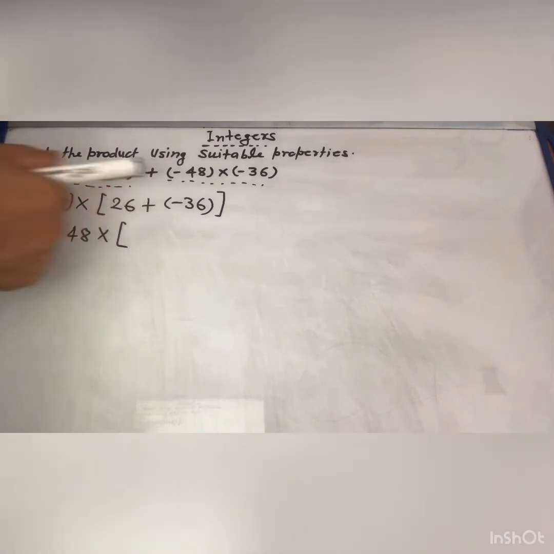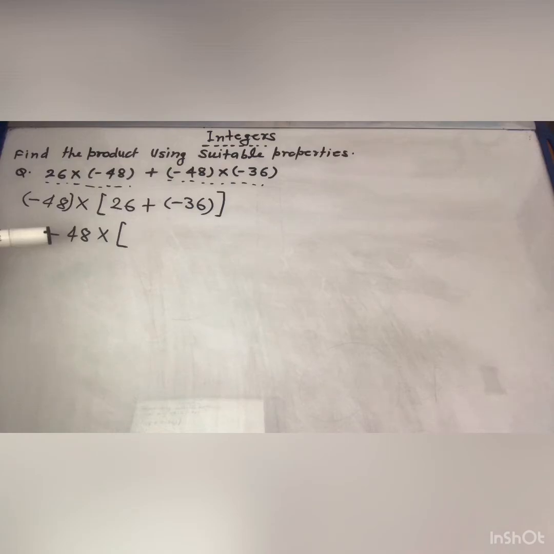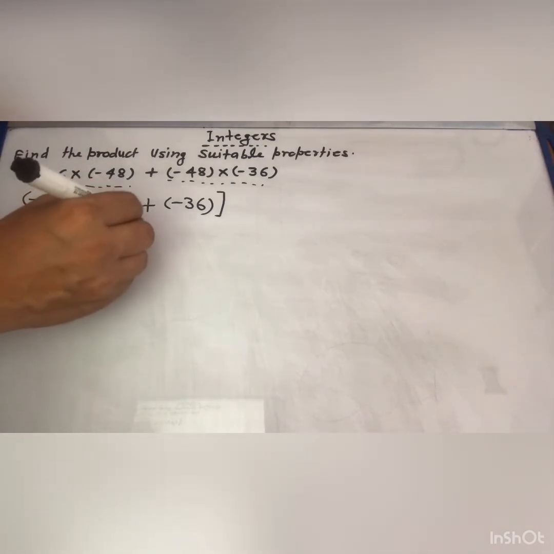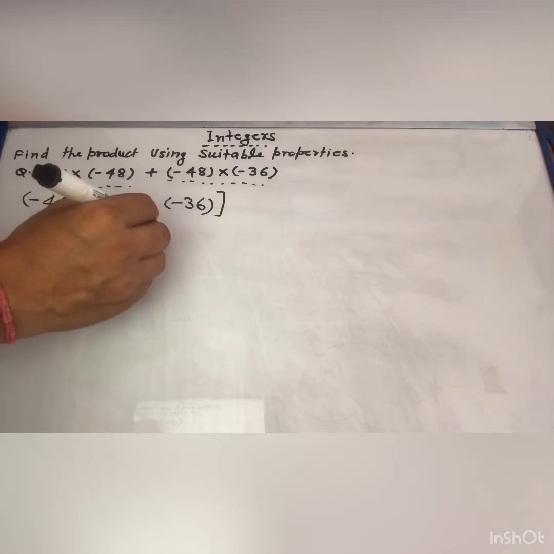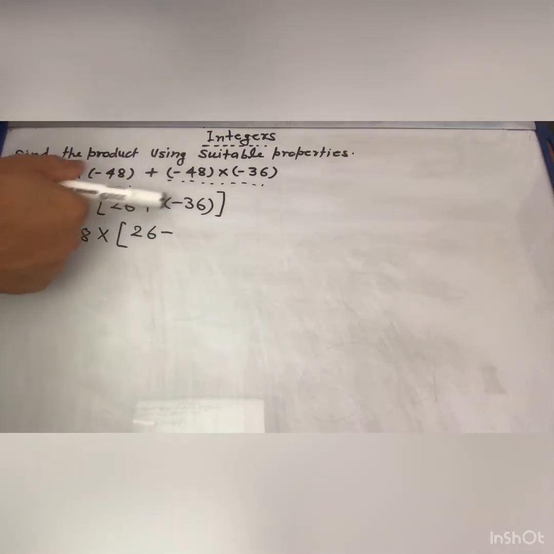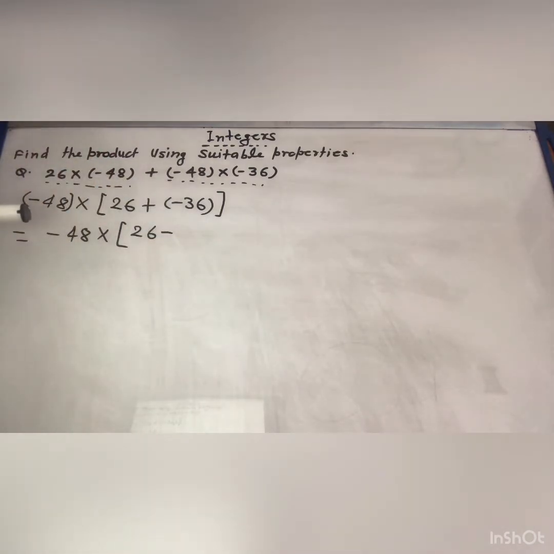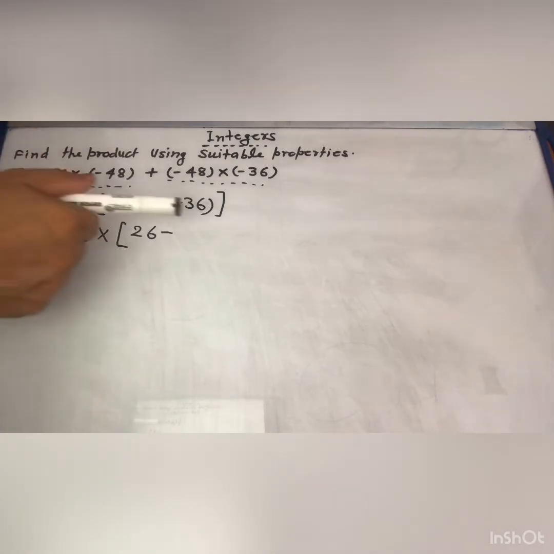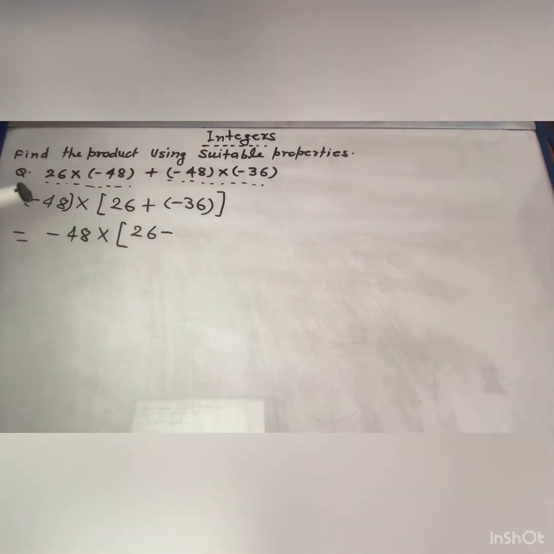So plus and minus: the multiplication of plus and minus is minus. Keep in mind every time that the multiplication of opposite signs always gives you a minus sign, and the multiplication of the same signs always gives you a plus sign.